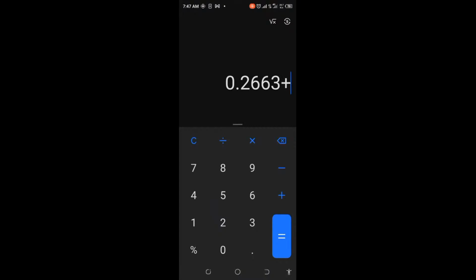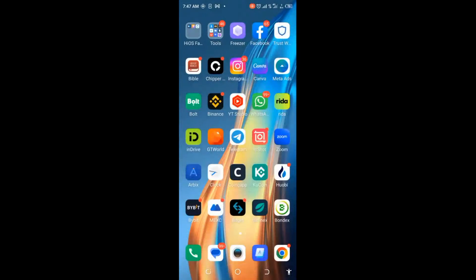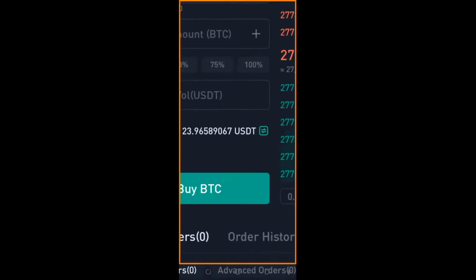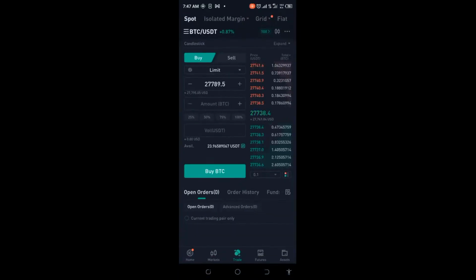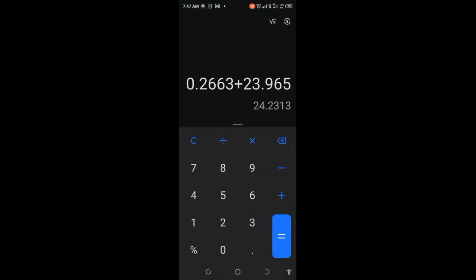Then we add that to our 23.9658. Let me go and check so that we don't put values that are not right. Okay, 9658. I'll just take four figures after that. So 9658. All right.